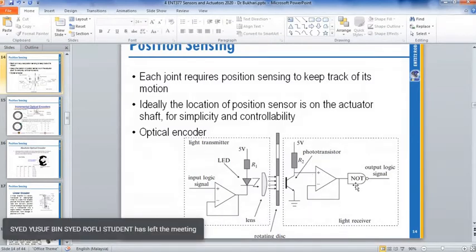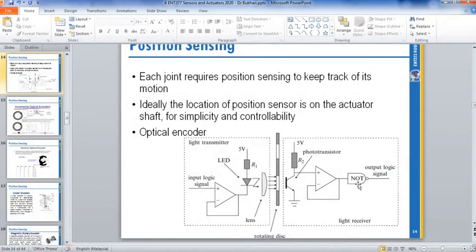This is an inverter. If this positive gets 0, this one will change 0 to 1. So 0 changes to 1 because this is a NOT gate. So 0 becomes 1, and if 1 changes to 0, it depends on the design. Some want active high, some want active low.